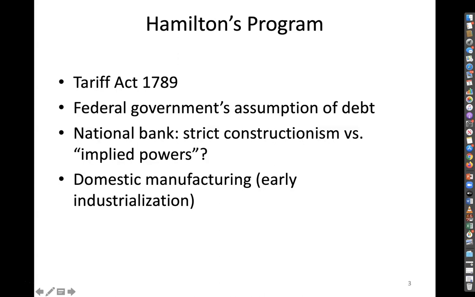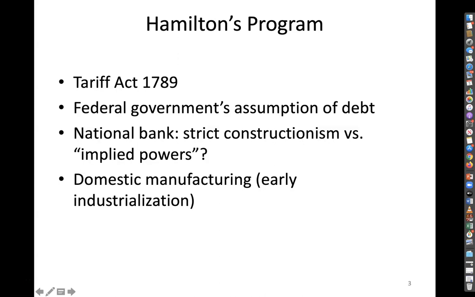And that means if no power is actually listed there, if it's not written in the body of the Constitution, well, that means it's unconstitutional. And that's indeed the very charge that was leveled towards Hamilton from constructionists like Jefferson. They said, you can't do this because it is not explicitly stated in the Constitution.